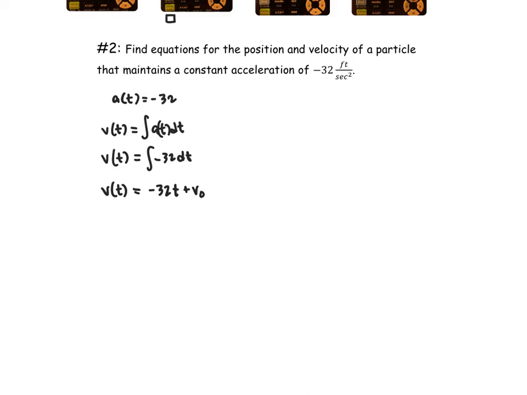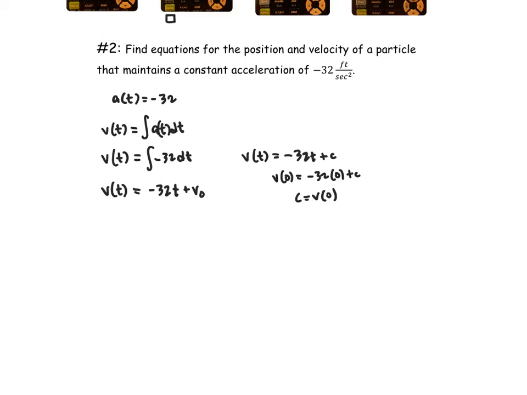Okay, so plus c. Now, you might be saying, well, how do you know it's the initial velocity? Well, here's why. Because negative 32t plus c, well, I want to find c, so what is v of 0? Well, v of 0 would equal negative 32 times 0 plus c. So c has to equal v of 0, or what we'd call the initial velocity.